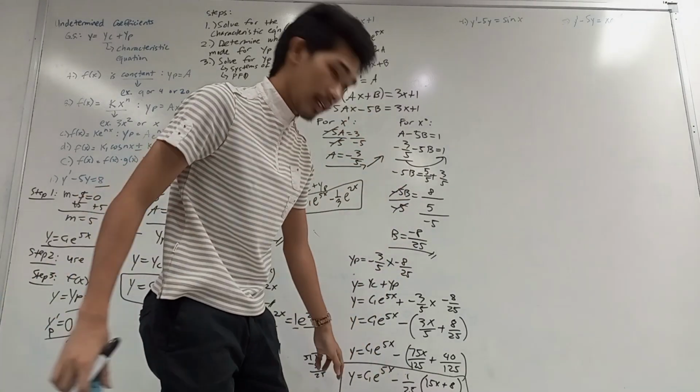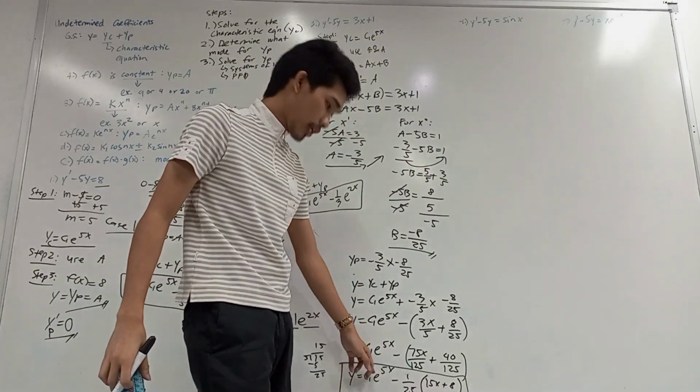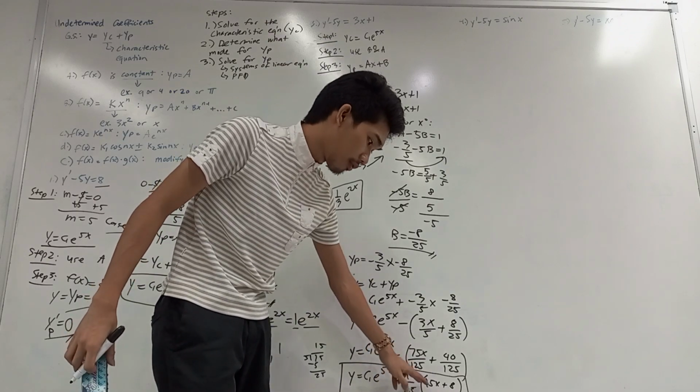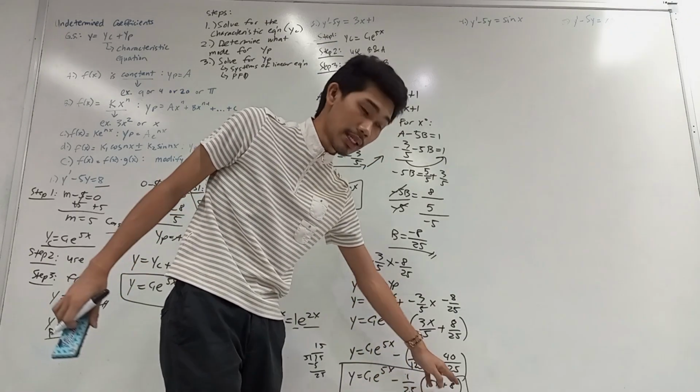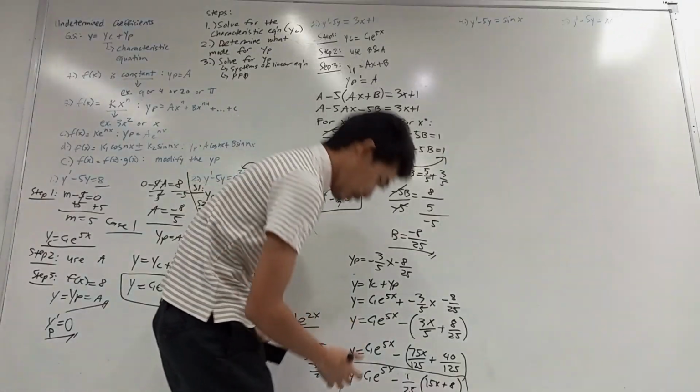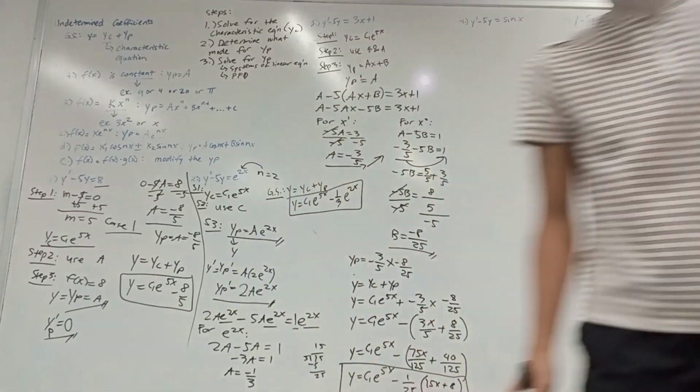So, final answer is y is equals to c1 e raised to 5x minus yung factored out na 1 over 25 times 15x plus 8. Okay. So, final answer.